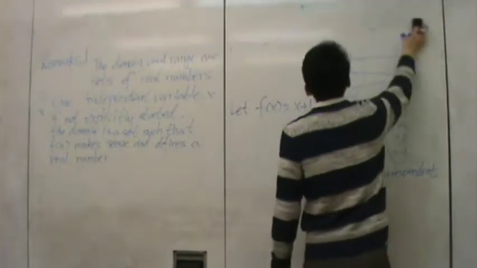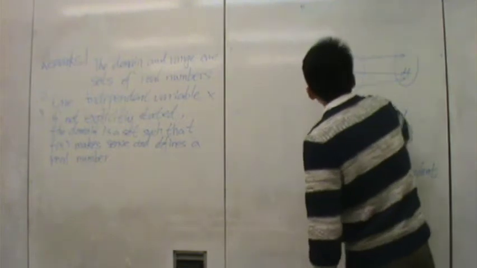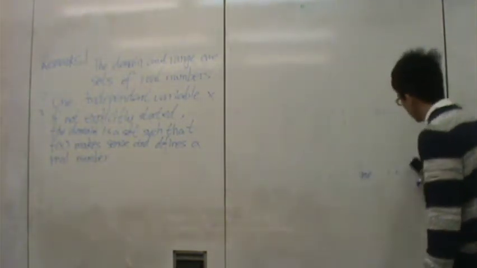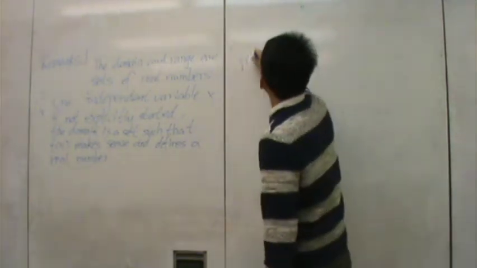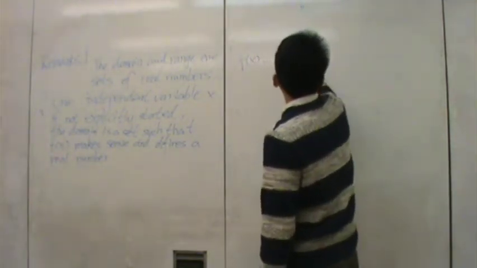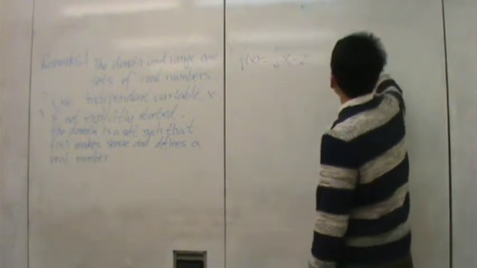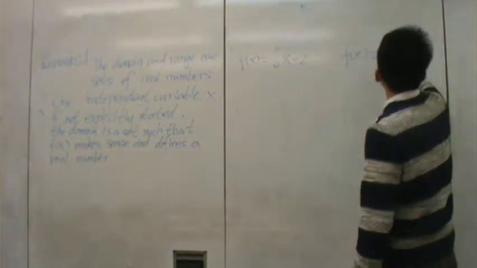Regarding the domain, I'll give you two typical examples. F of x equals square root of x minus 2 and f of x equals 1 over x.